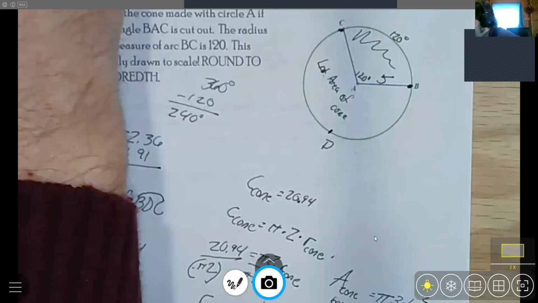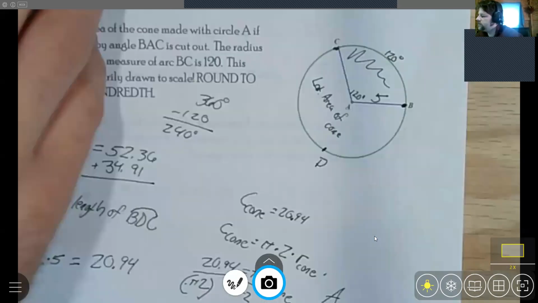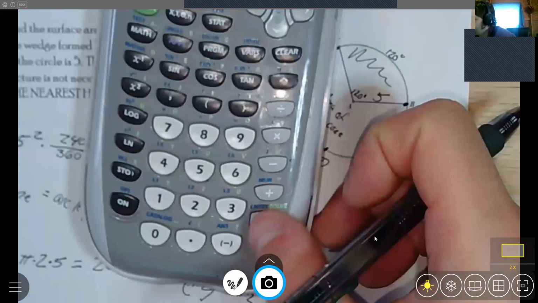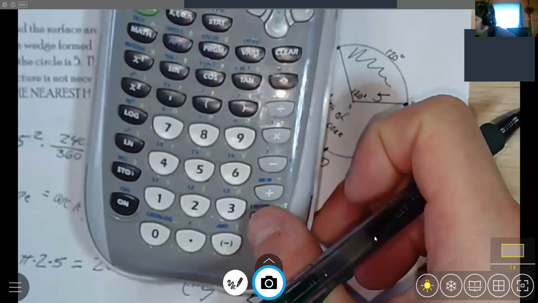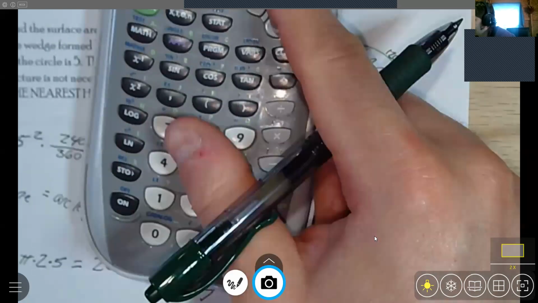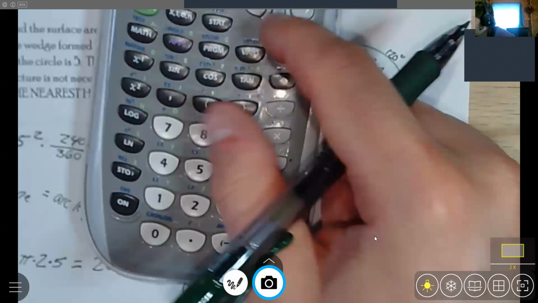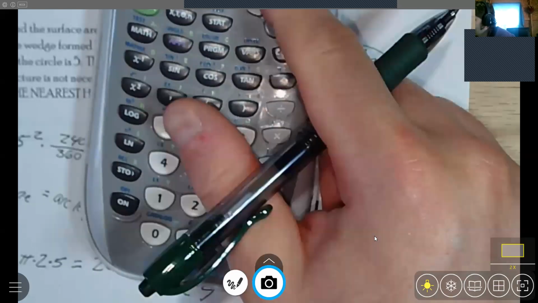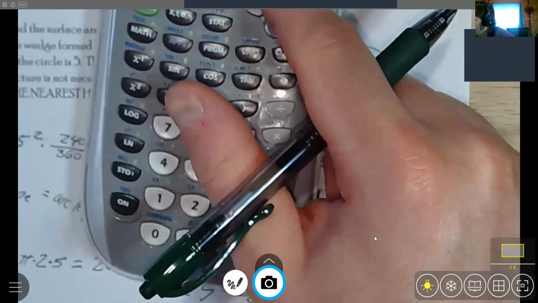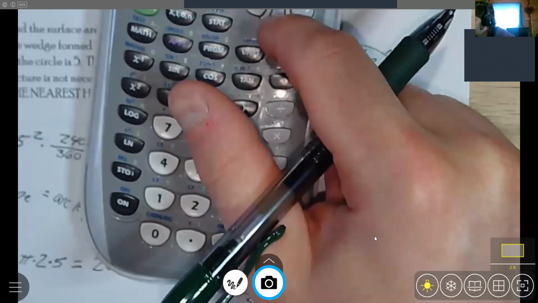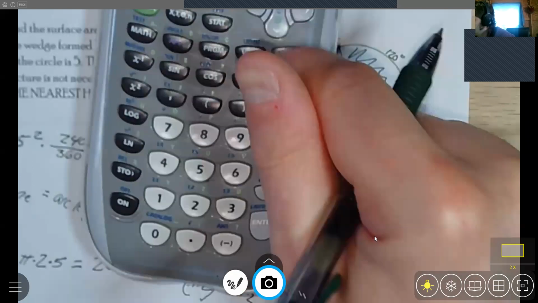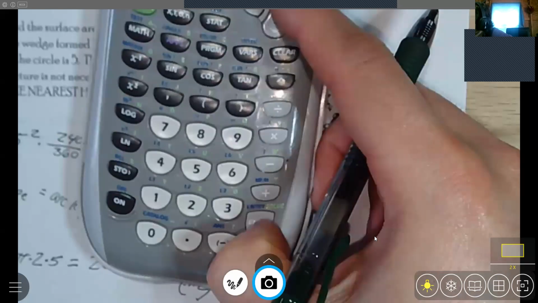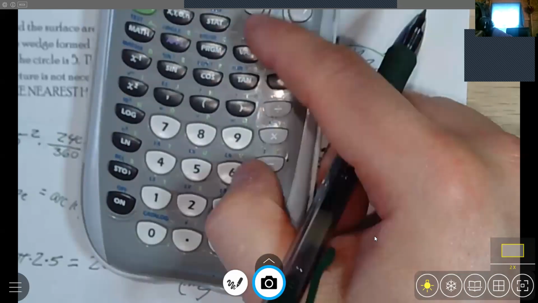I'm going to make sure I'm going up in my calculator to grab the exact values. So here's my area of the base, my 34 point whatever.